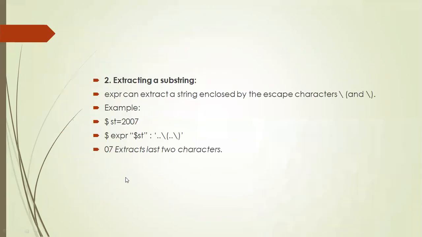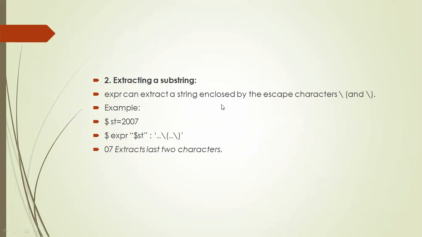Now the second way is extracting a substring. The regular expression given is very simple, within single quotes. This must be a string. The string is defined here, description 7, and I just want to extract a substring.